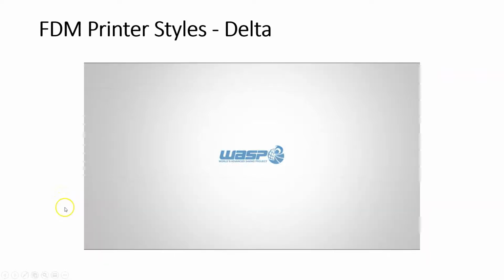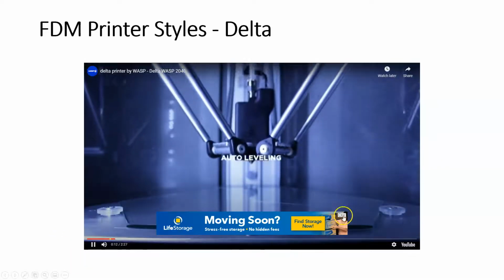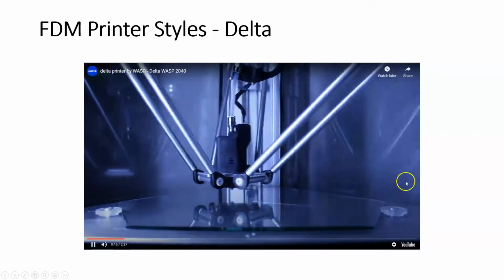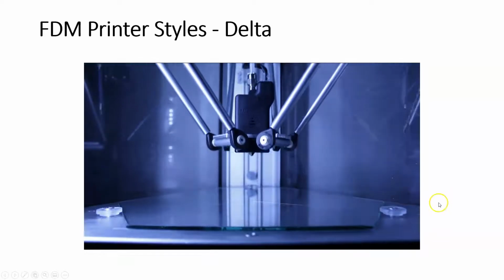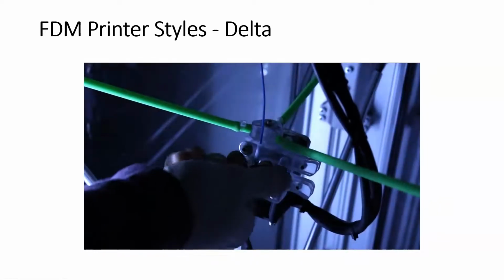Again, we won't look at the whole video. We'll just kind of look at the snippets that we need to. So this is called the Delta Wasp 2040. And you can see the rods are quite tall in this. So here we have bed leveling, so it's making sure that it knows where the bed is, the build platform.